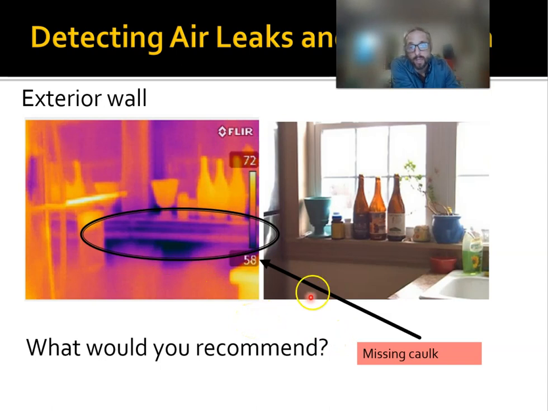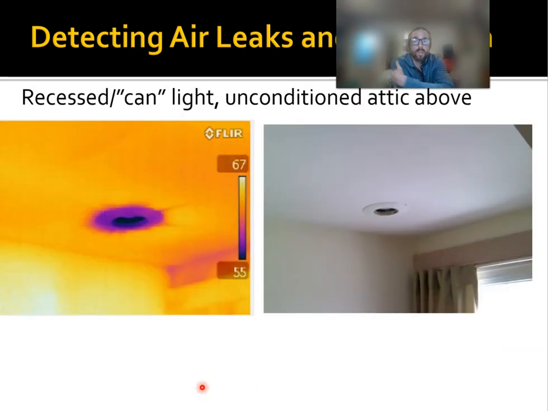So there's some really sneaky, again, this is some of that indirect leakage that could be really hard, if not impossible, to pick up without an infrared camera. And so this is one of the values of an infrared camera. Here's a recessed light. Remember we talked about this earlier. Those can lights that are recessed up into the unconditioned attic space. So here again, you wouldn't have any idea anything's going on.